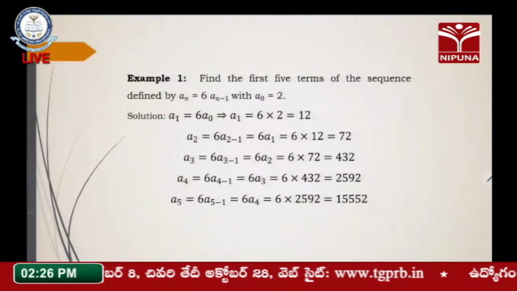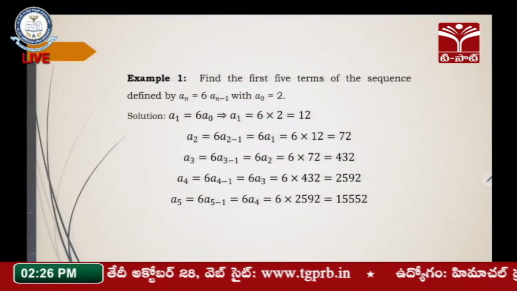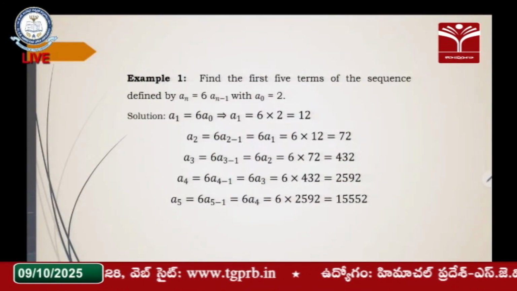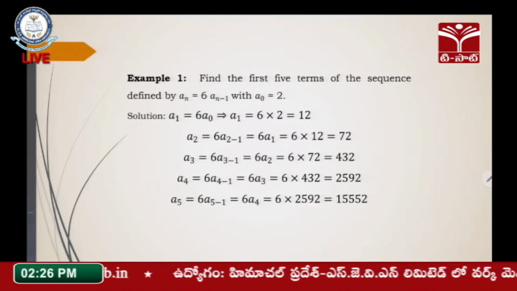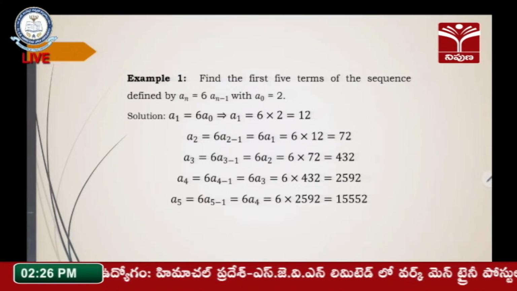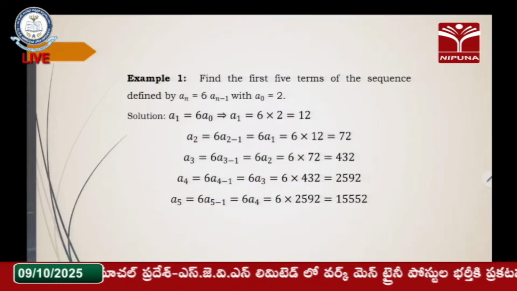Suppose you are given a sequence, let us find the first few terms. First find the first 5 terms of the sequence defined by a_n equal to 6 times a_(n-1) with the initial condition a_0 equal to 2.